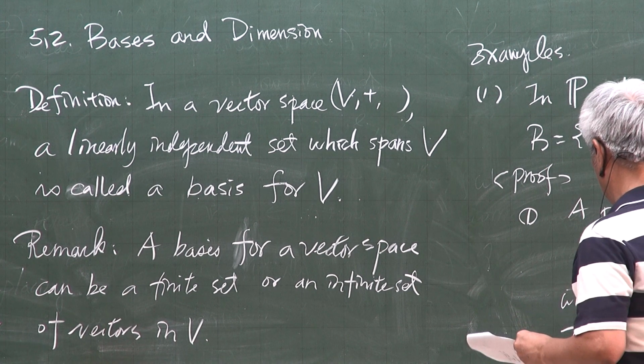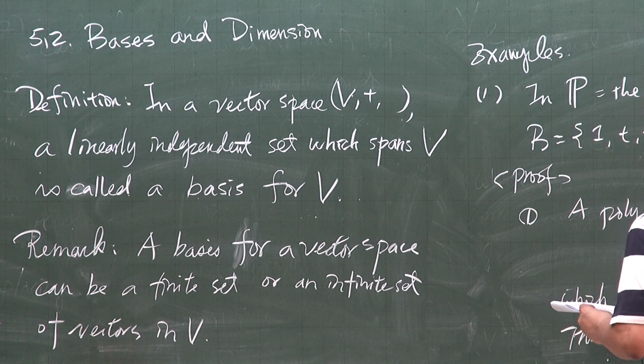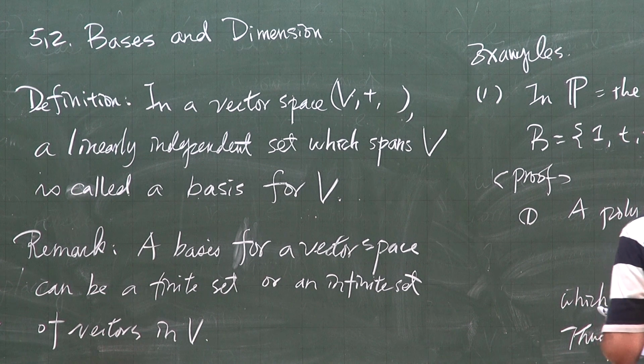Thus we know P is contained in the span of the set B. So you can see every polynomial can be written as a linear combination of the vectors here, so the vector space of all polynomials is contained in the span of B.